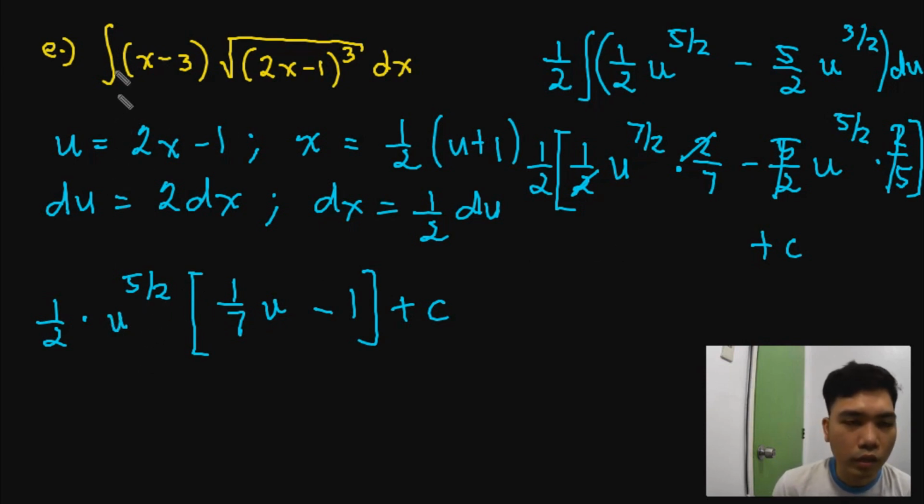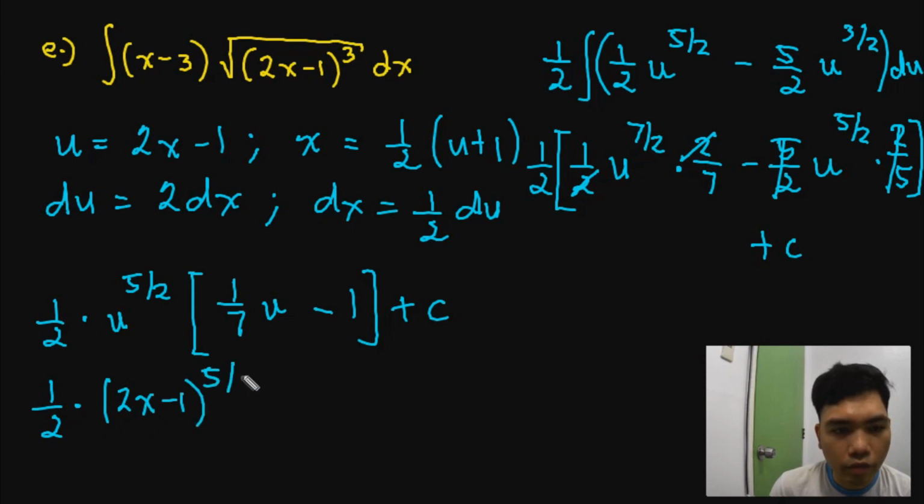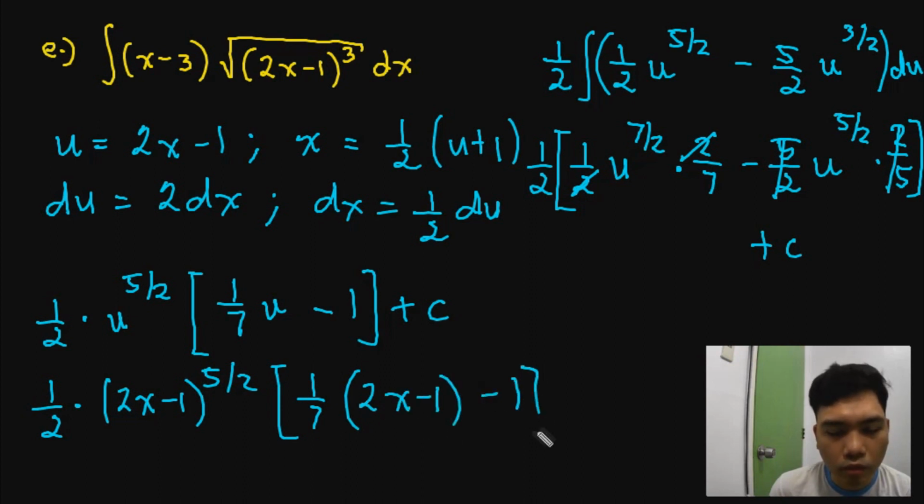Now if you want to have it in terms of x, let's just substitute the values. We have 1/2 times (2x minus 1) raised to 5 halves, multiplied with (1 over 7 times (2x minus 1) minus 1) plus c. This can be further simplified by performing the operation inside the bracket.